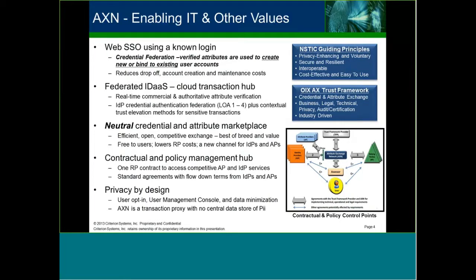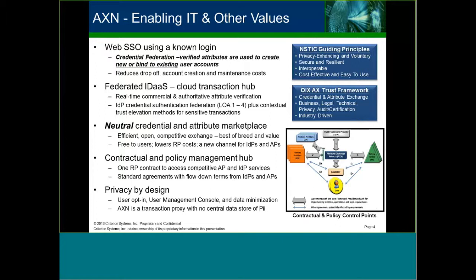We're enabling this through the attribute exchange, which was originally designed to federate credentials for Web SSO. It is actually a federated identity as a service, a transaction hub, which not only will authenticate varying levels of credentials up to LOA 4, but it also does trust elevation on the fly of a transaction. So you can log in with a lower assurance credential and then elevate the trust.